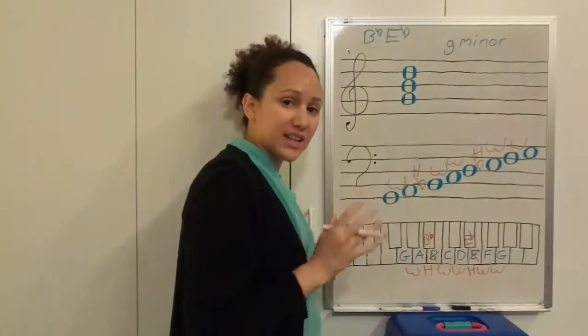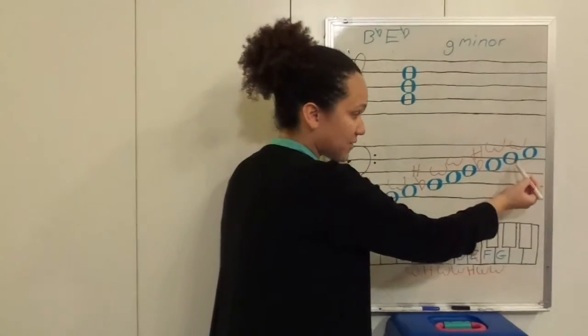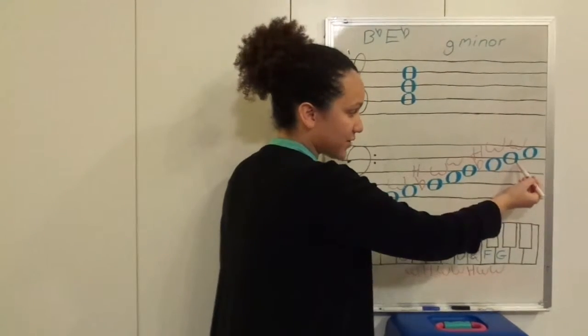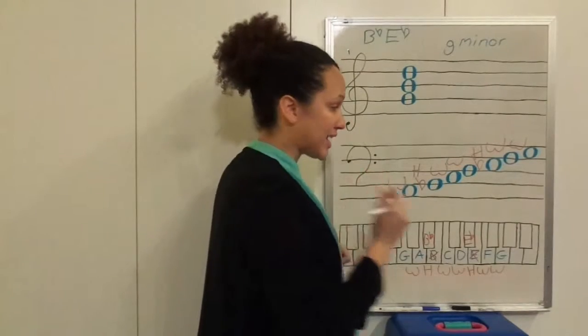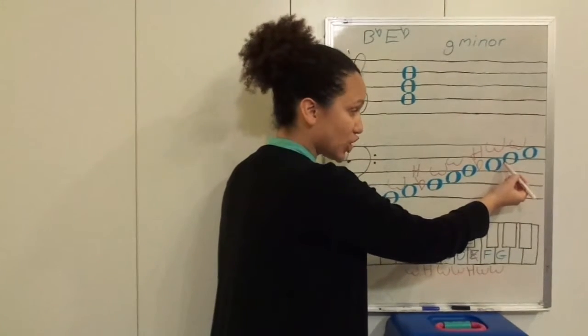Now, again, in many songs, the seventh note here, 1, 2, 3, 4, 5, 6, 7, will actually end up being raised. So in this case, because there's no flat there, we would probably sharp it.